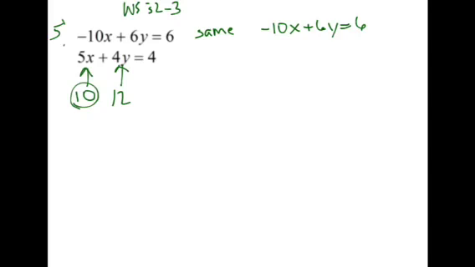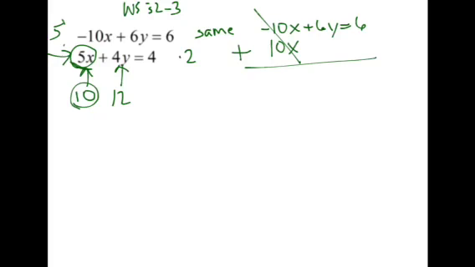Now here's the issue. We need to force this 5x into being 10x so that I can add these together and have those cancel. That's the plan. So what am I going to have to multiply 5x by to get to 10x? Well, I'm going to times by 2, which means I need to times that entire equation by 2.